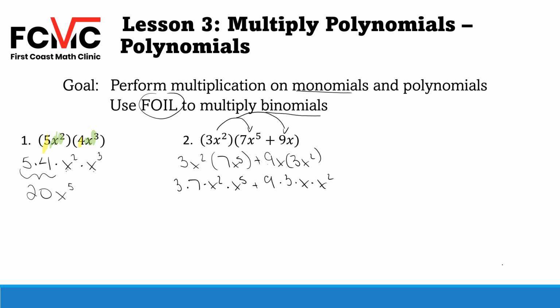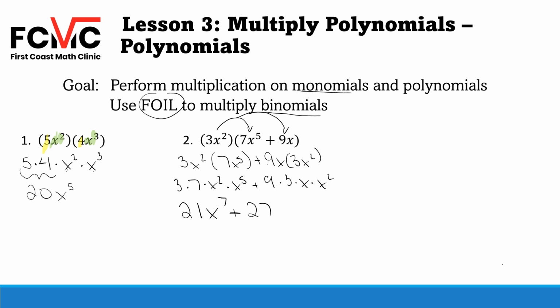3 times 7 is 21, and then x to the second times x to the fifth. We're going to keep our base. When we multiply two terms with the same base, we're going to add the exponents. So this is going to be x to the seventh plus 9 times 3 is 27. Then we have x times x to the second.